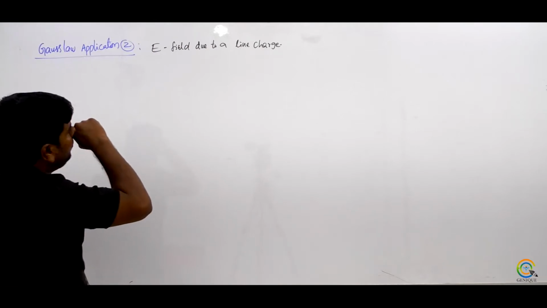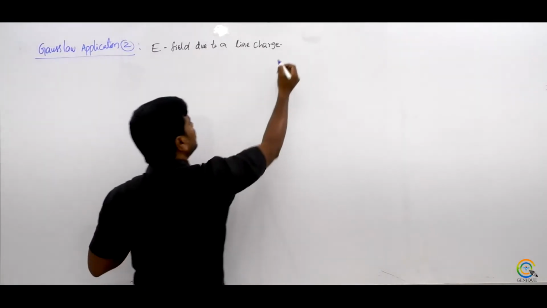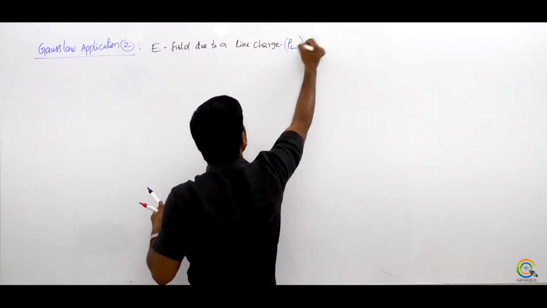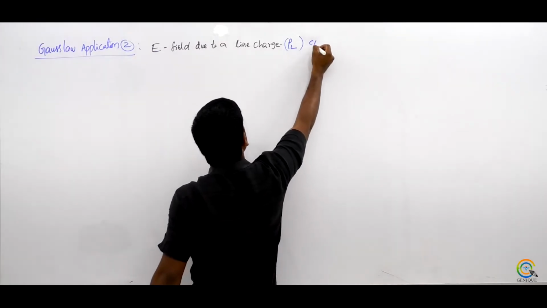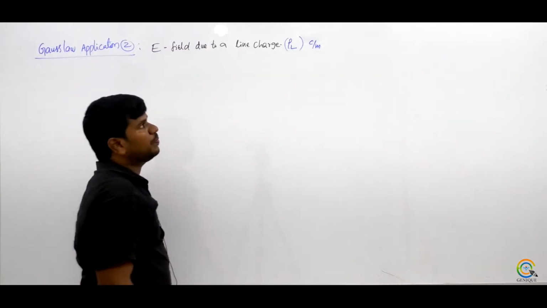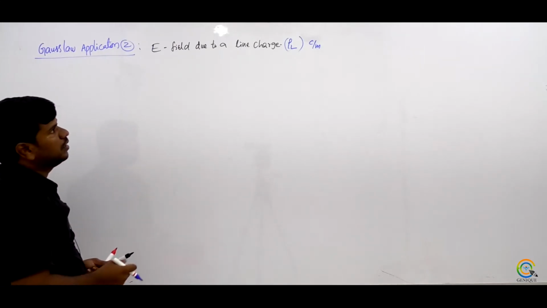Now, if you observe this, line charge is represented with what? It is represented with rho L, coulomb per meter. Understand?